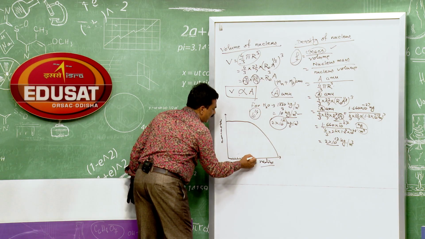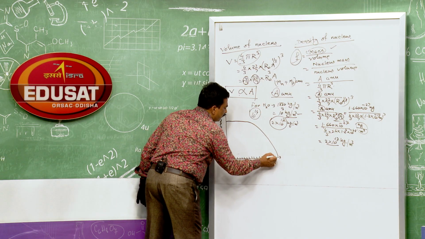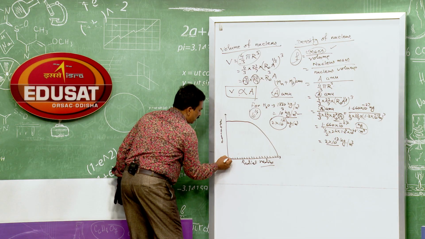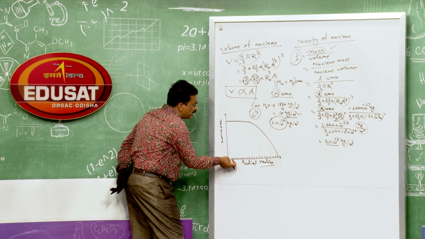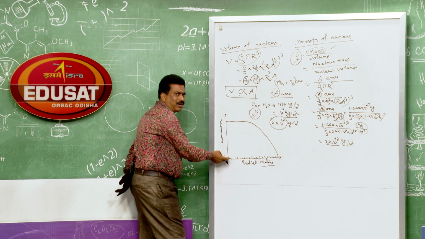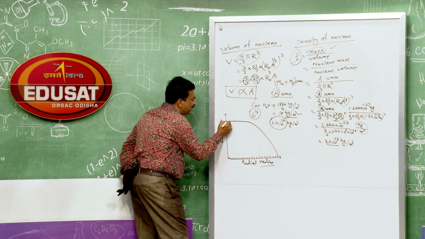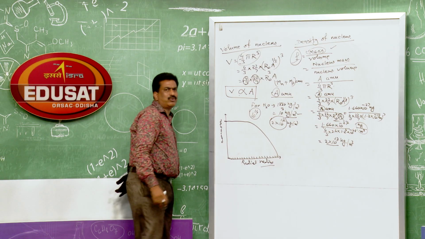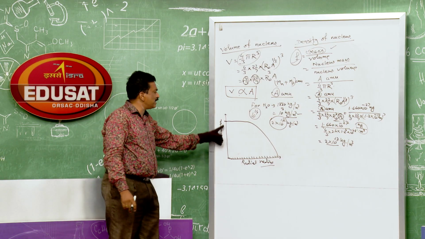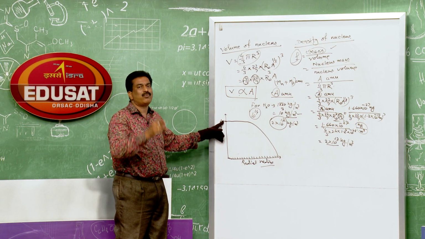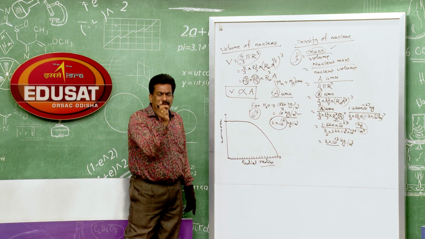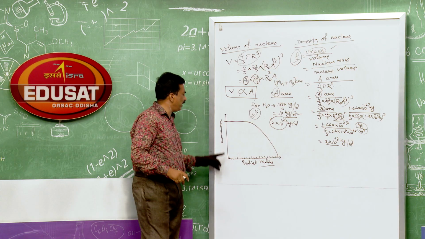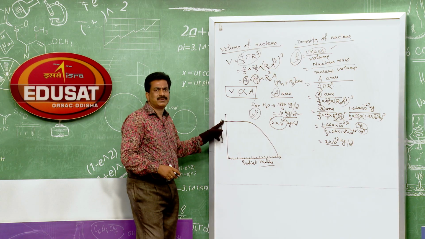This is the radial radius, this is the origin. When the radius is very small, the density will go up to 2 into 10 to the power 17, which means it provides a maximum.